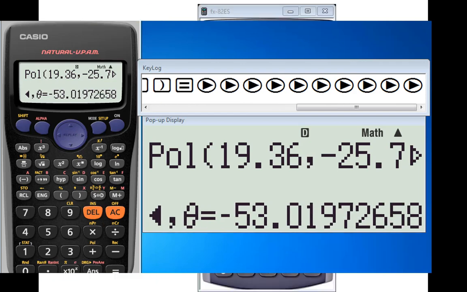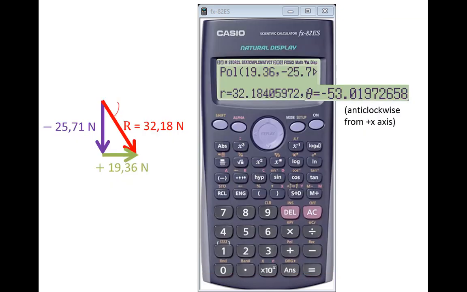And we find theta equals minus 53.0197, and so on. And that angle is anti-clockwise from the positive x-axis. So if we take away the minus, then it's clockwise. It means it's 53 degrees below the x-axis. So that's what minus 53 degrees means in this notation.